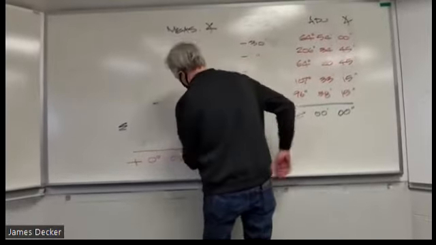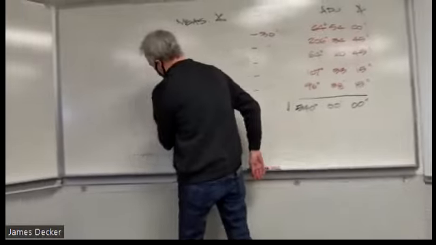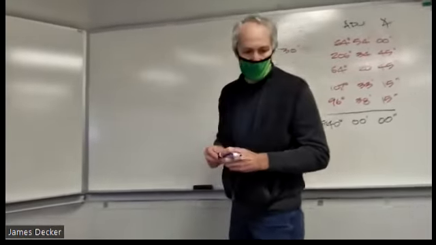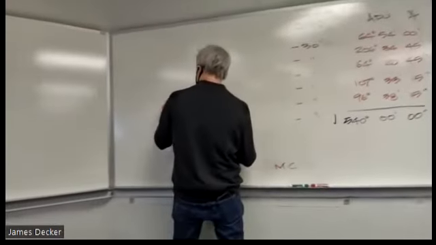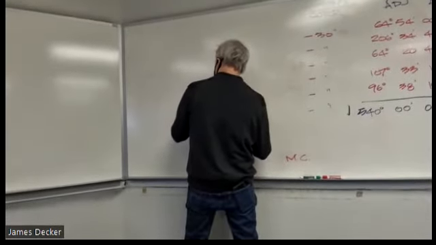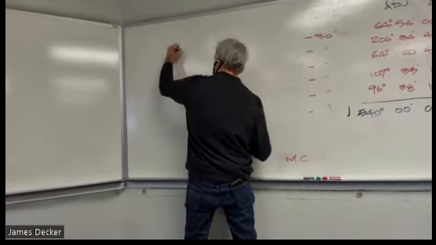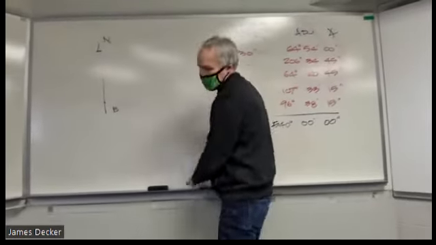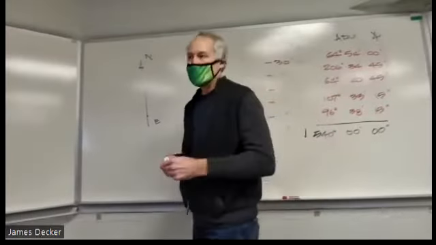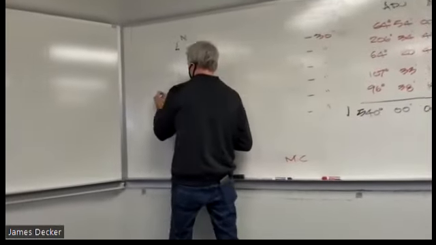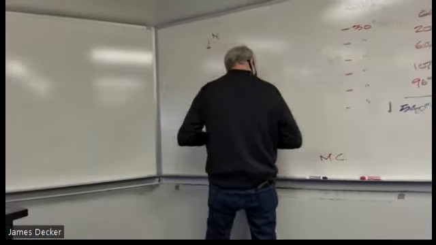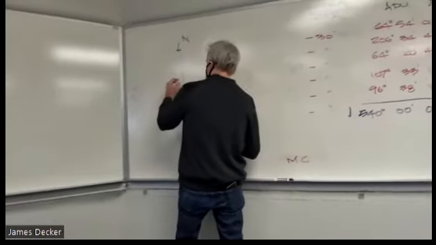I'm going to start drawing pictures up here so that we can look at this stuff. I'm going to assume that I'm starting at point E. This is E. I'm going to throw my meridian through E. When I look at that, if I'm sitting at E, I'm backsighting B in this direction. And we know that the bearing on E to D is what?